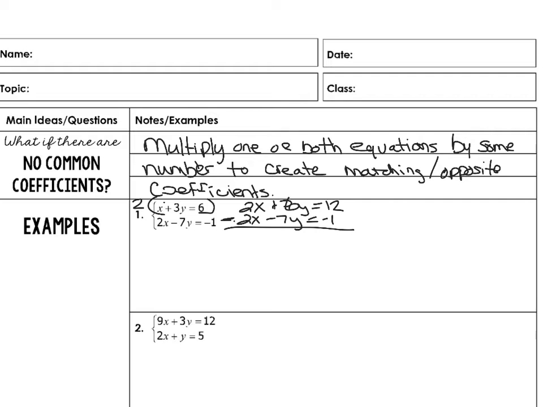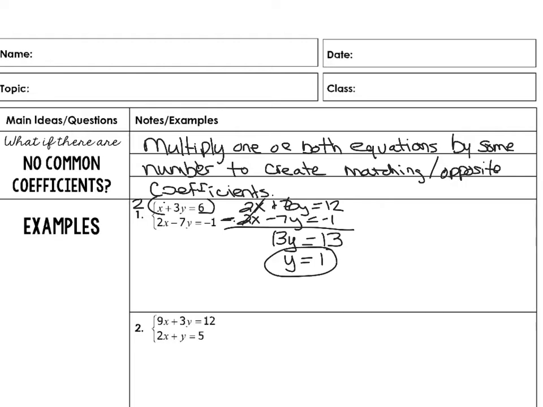All right, so we're going to subtract: 2x minus 2x is 0. 6y minus negative 7y, minus a negative is plus, right? So that'd be 13y equals 12 minus negative 1. Well, that's 13. So y is going to equal 1.